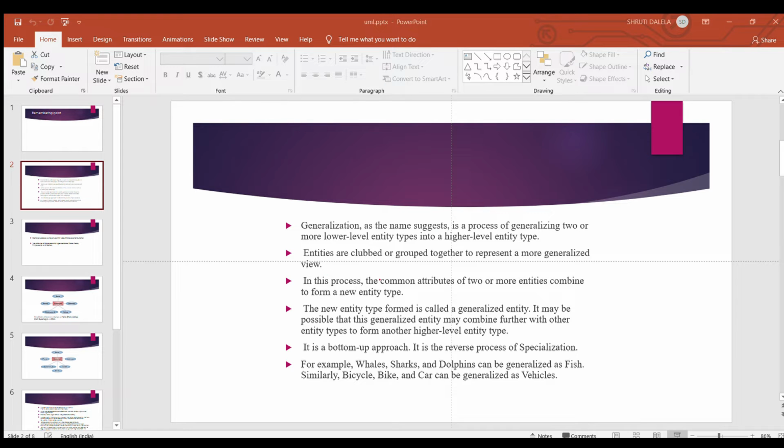So consider the entity type diagram here. Employee is an entity whose attributes are name, address, salary, employee ID, phone. Now we take another entity type, that is customer: name, phone, address, credit, customer ID and email.